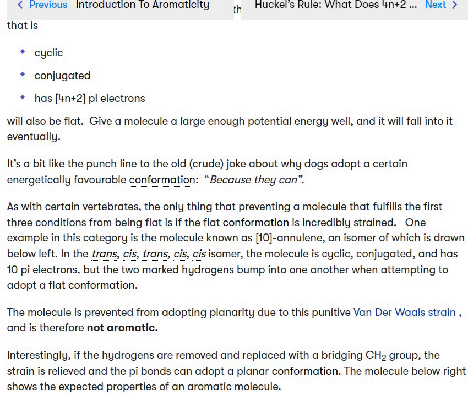One example in this category is the molecules known as 10-annulenes, an isomer of which is drawn below left. In the cis isomer, the molecule is cyclic, conjugated, and has 10 pi electrons. But two marked hydrogens bump into one another when attempting to adopt a flat conformation.